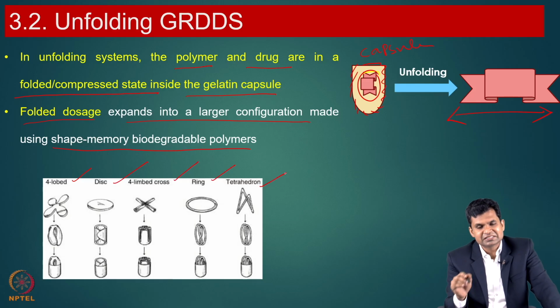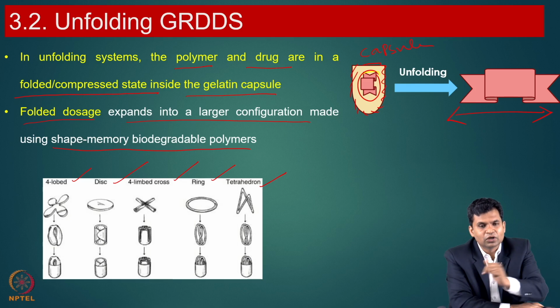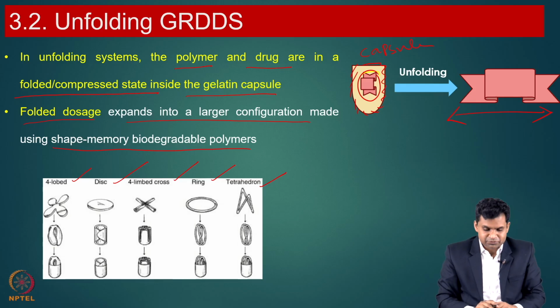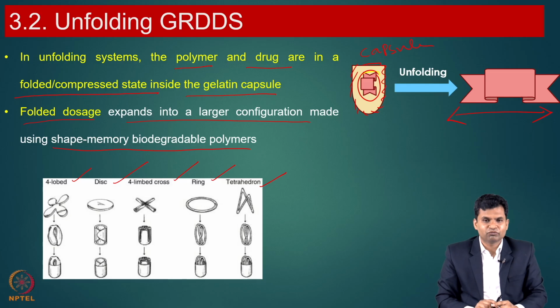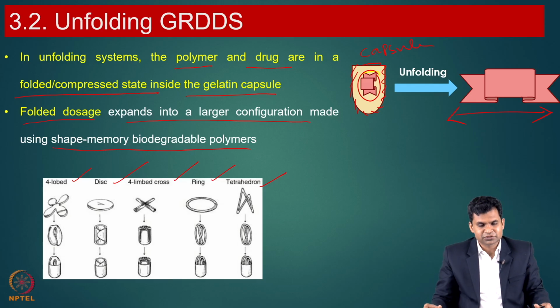So, we can convert various types of conventional oral formulations into gastroretentive drug delivery systems. With that we can enhance the bioavailability of our formulation by modifying their properties into gastroretentive drug delivery systems.